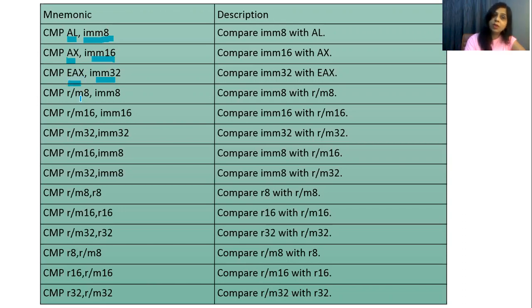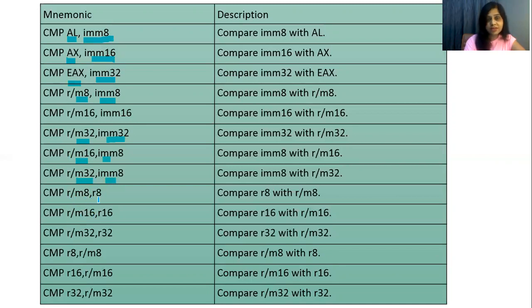Then the combination may be one of the numbers, maybe destination, maybe in memory, and contents of memory and immediate data. 32-bit number in memory and immediate data. 16-bit number in memory and 8-bit data, or this 16-bit number may be in register, then 32-bit number in memory and 8-bit immediate data. So all combinations are possible.